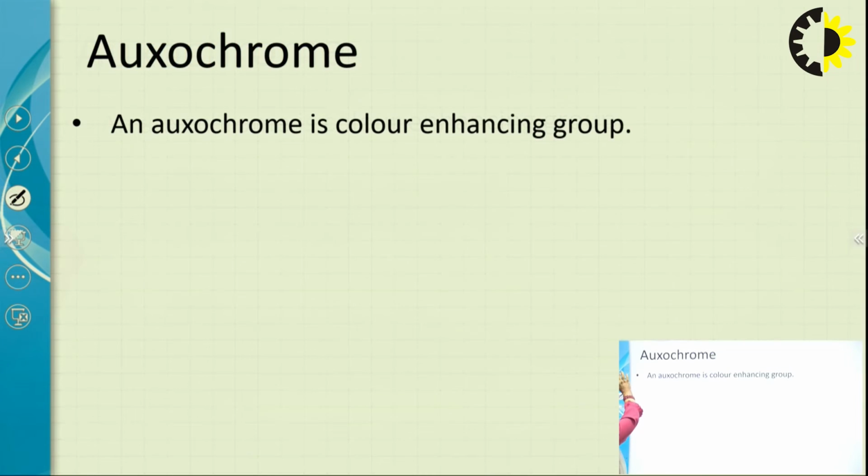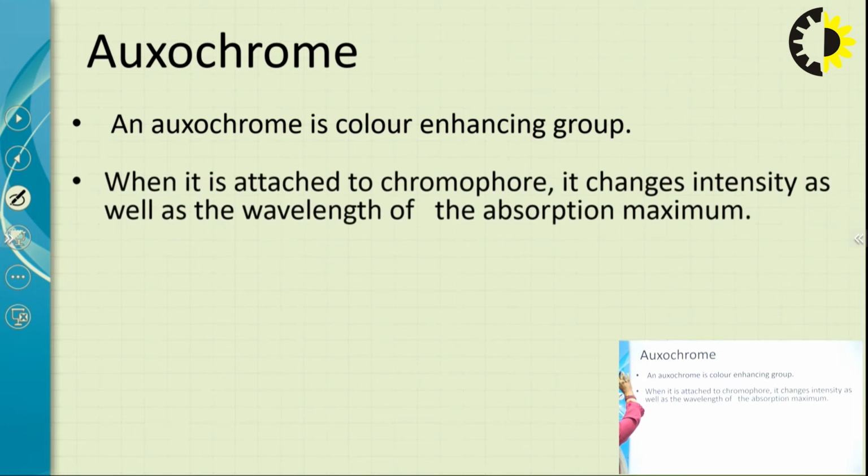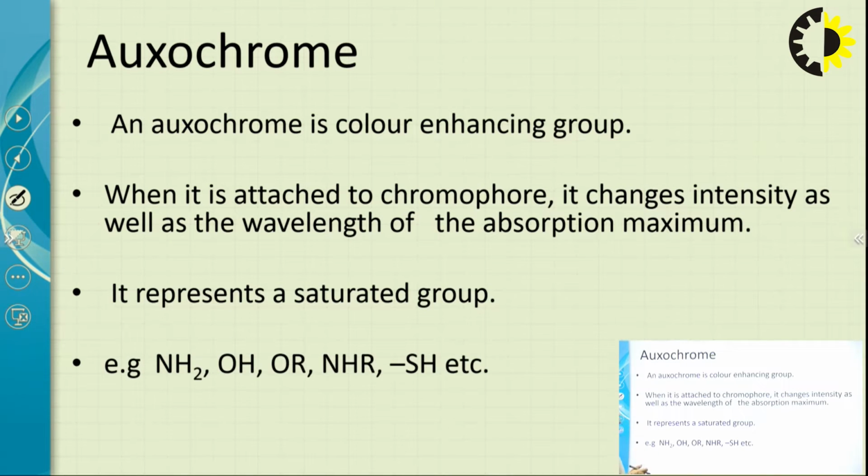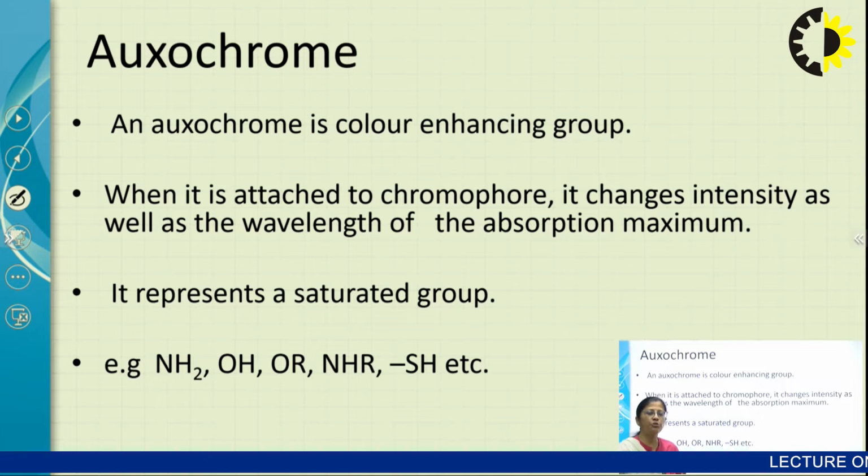The next common term which we use in UV visible spectroscopy is the auxochrome. What do we understand by the term auxochrome? An auxochrome is a color enhancing group, which works in addition to the chromophores.